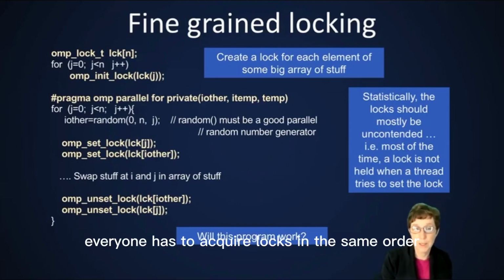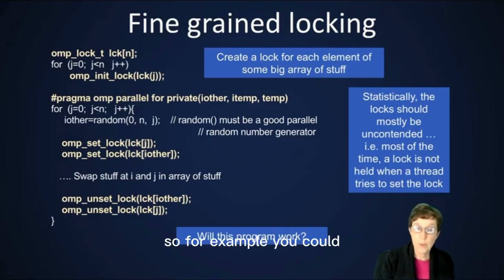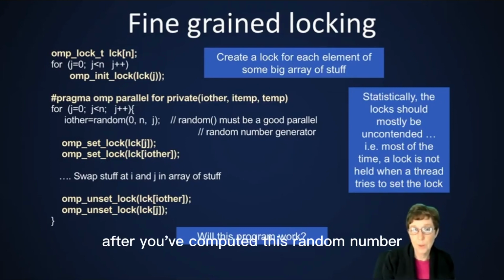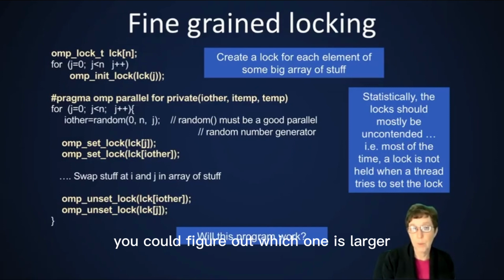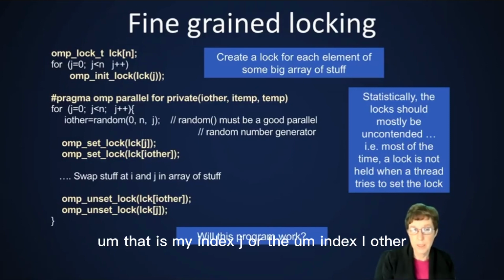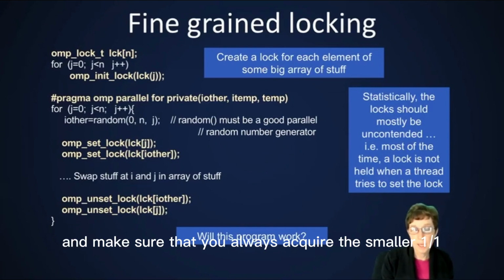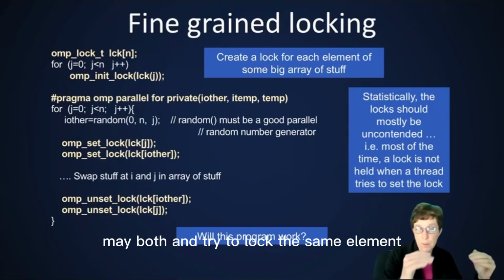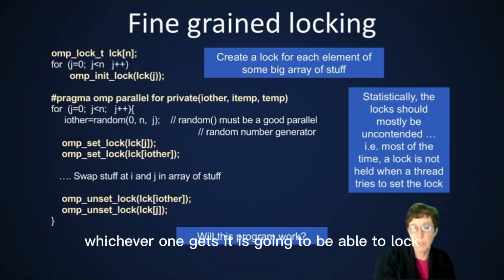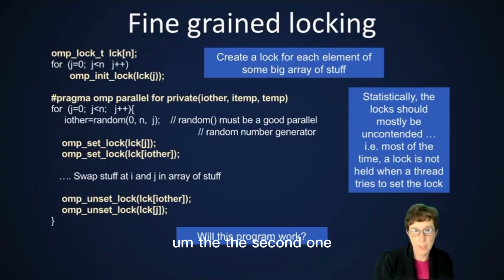That is, everyone has to acquire locks in the same order. So for example, after you've computed this random number, you could figure out which one is larger, that is my index j or the index i other, and make sure that you always acquire the smaller one first. And although they may both then try to lock the same element, whichever one gets it is going to be able to lock the second one.